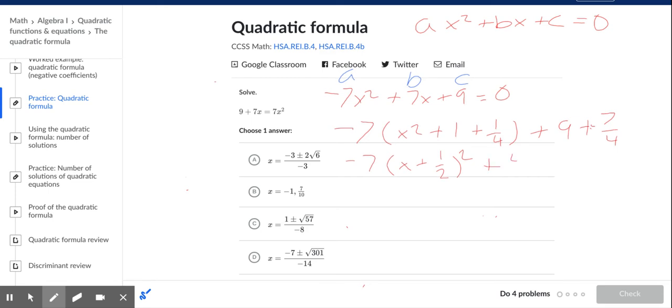So plus 43/4 equals 0. Then I can subtract 43/4 from both sides.